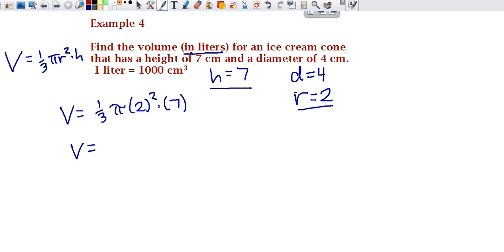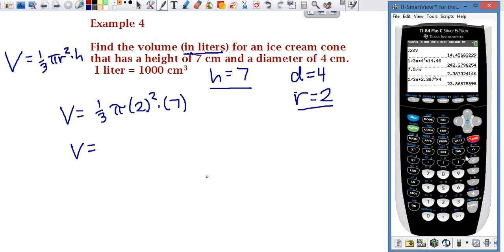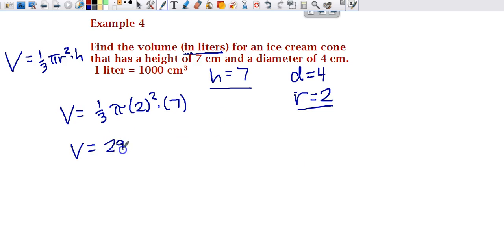And we'll put it all in our TI-84. 1/3 pi times 2 squared, which we should know is 4. So 29.32. And that's in centimeters cubed.